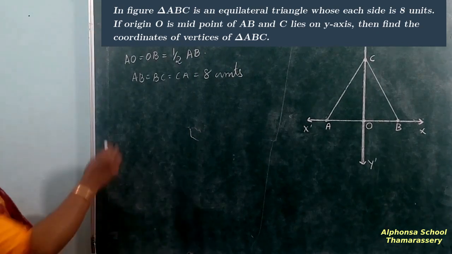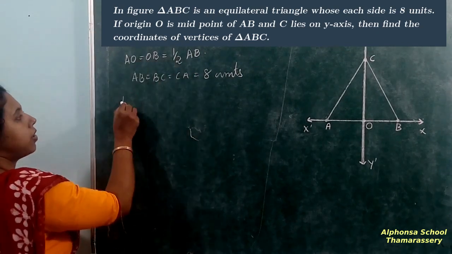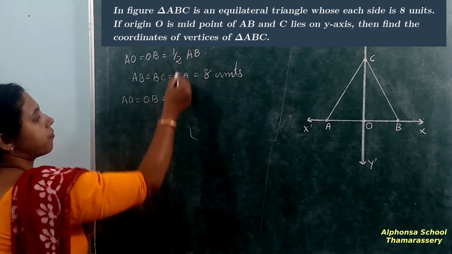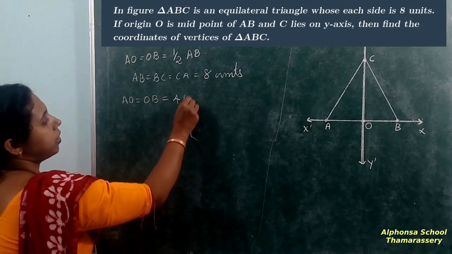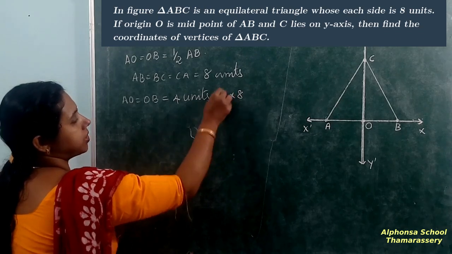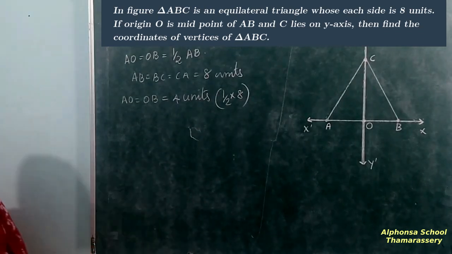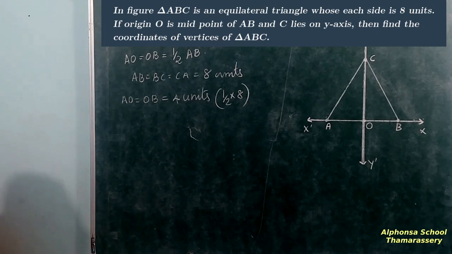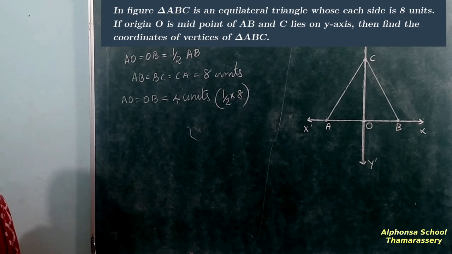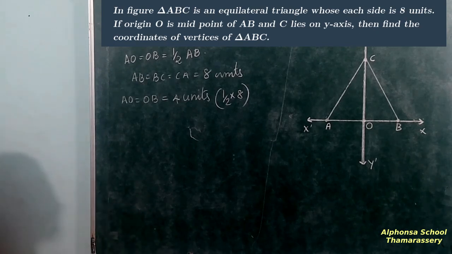If AB is 8 units, then OA and OB are also equal to half of 8, that is 4 units. Now we want to find the coordinates of A, B and C. We know OA, OB and AB. How can we find the coordinates of points A, B and C?